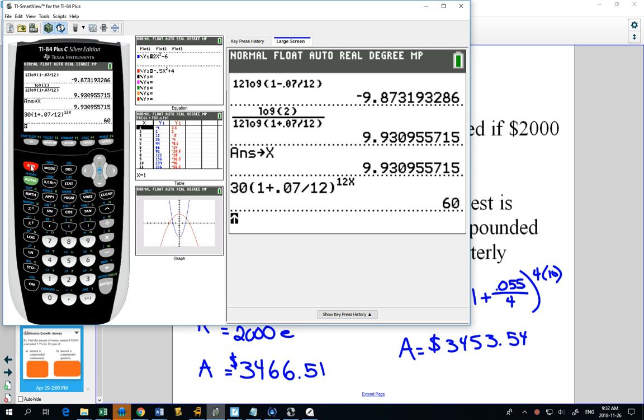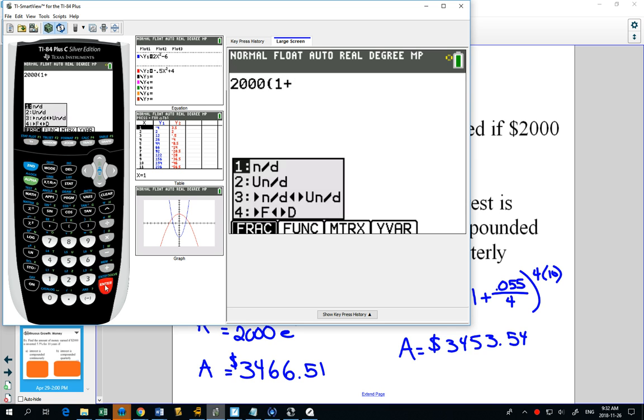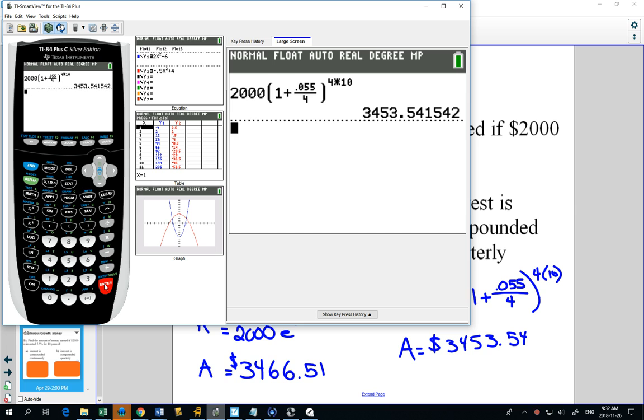So I'm going to just type in this 2,000. So we have 2,000 bracket 1 plus 0.055 compounded quarterly. So there's our answer that we got from before, $3,453.54.